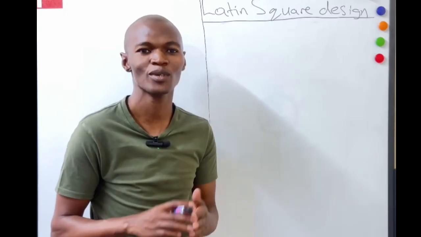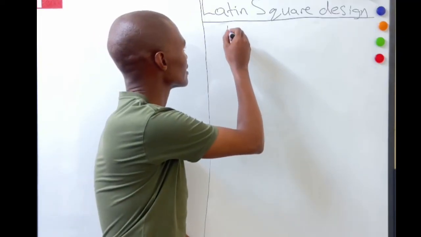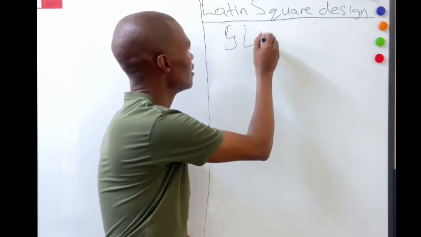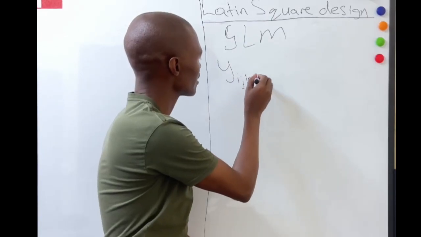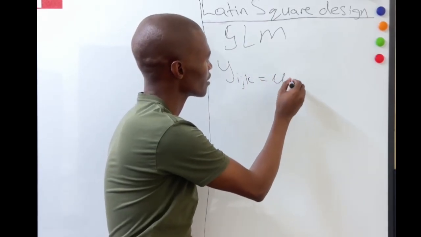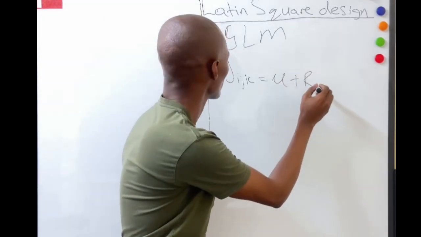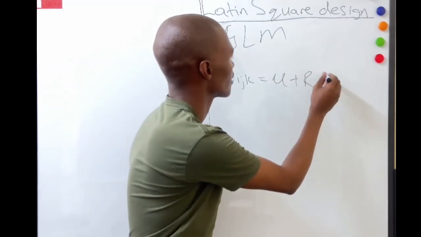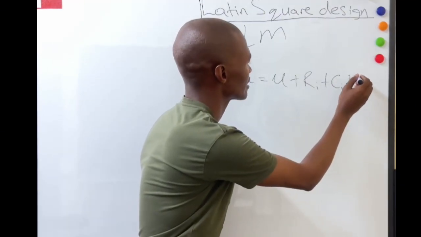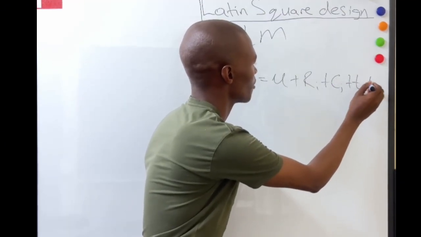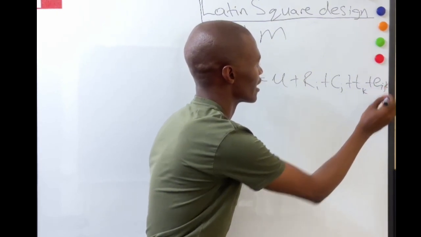In the Latin square design, we do have a general linear model like the other designs. General linear model: Yijk is equal to mu plus the row effect plus the column effect plus the treatment effect plus the error, eijk.